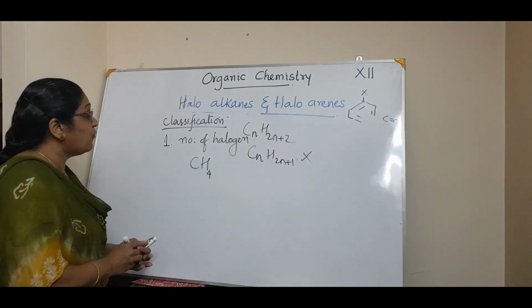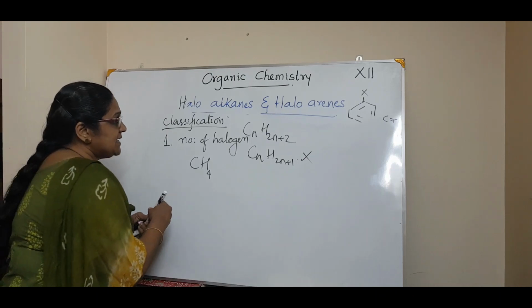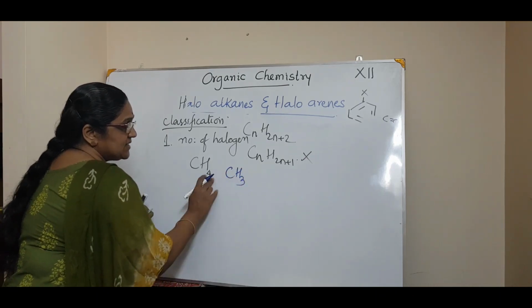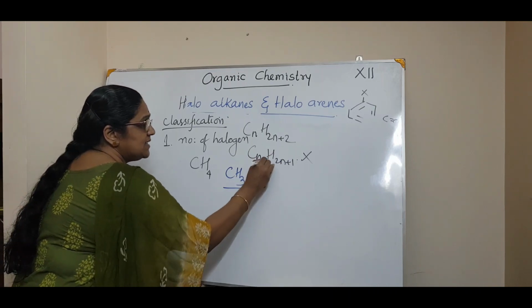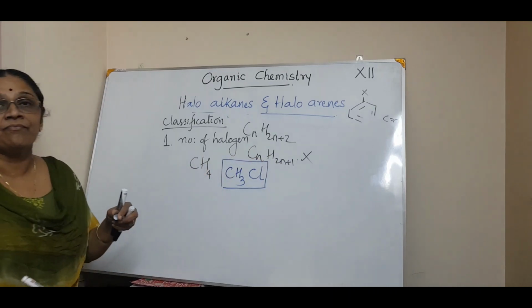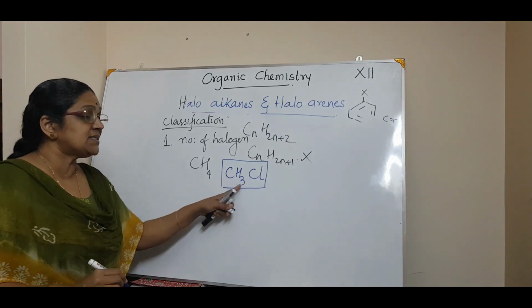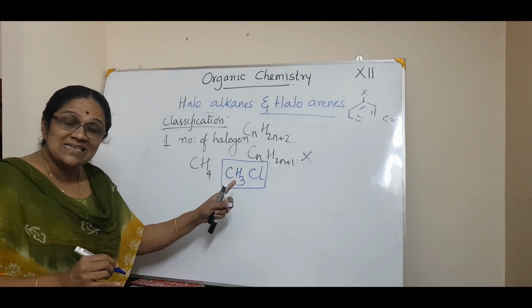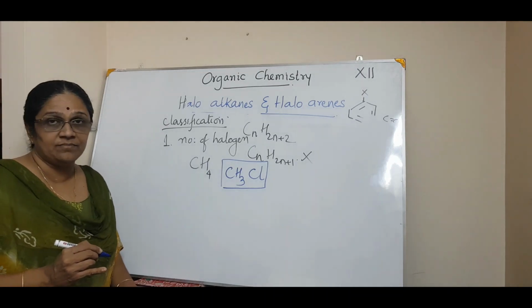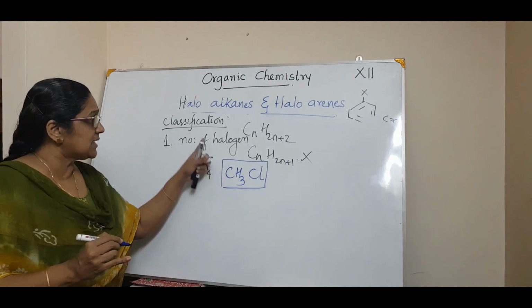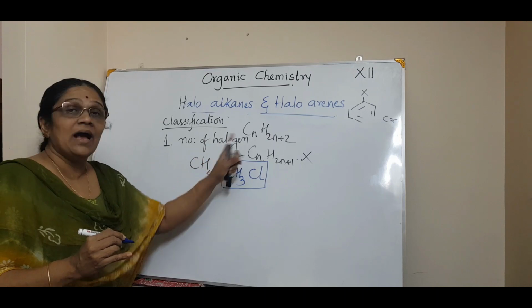So how will you go for methane? Methane is CH3, and for example if X is Cl, it is CH3Cl. This is how haloalkanes are produced: one hydrogen atom in an alkane is replaced by a halogen atom. This is the classification based on the number of halogen atoms.